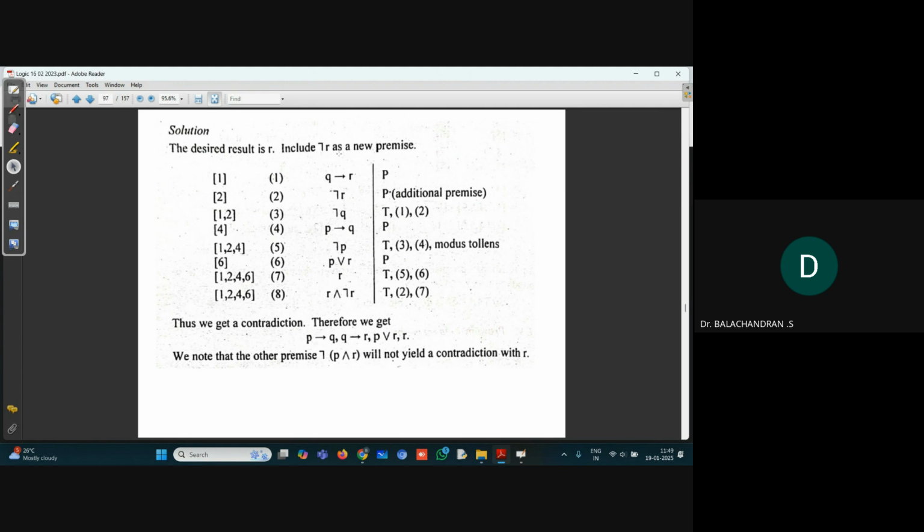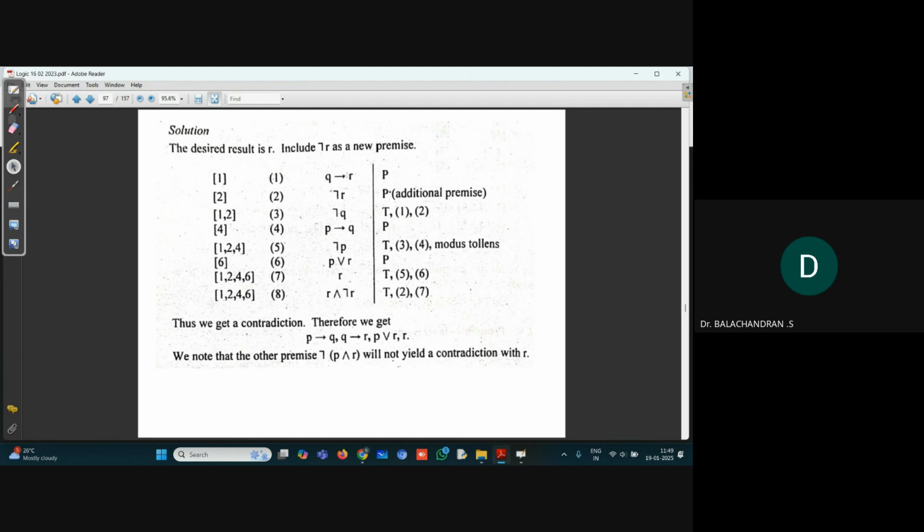So the desired result is R. Include negation R as a new premise. So Q implies R is one of the premises; negation R is the additional premise. Now apply contrapositive to 1.